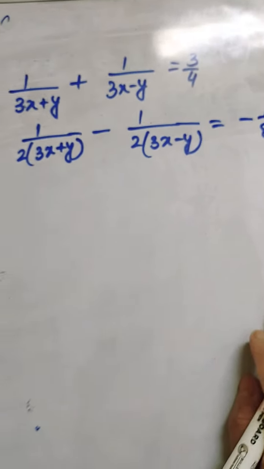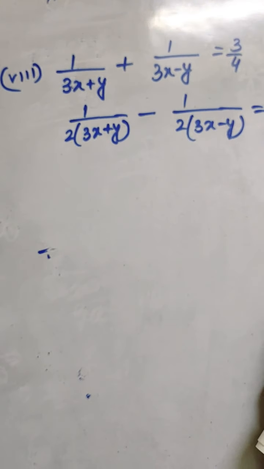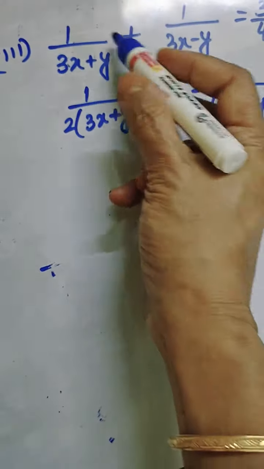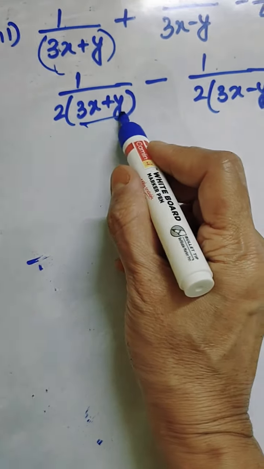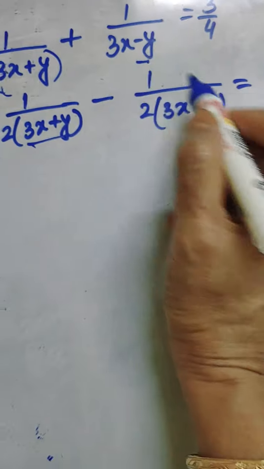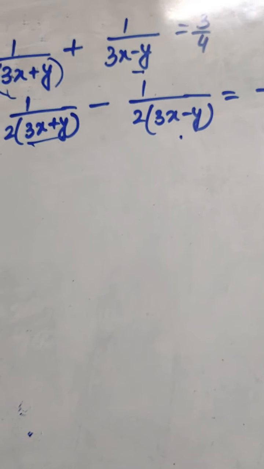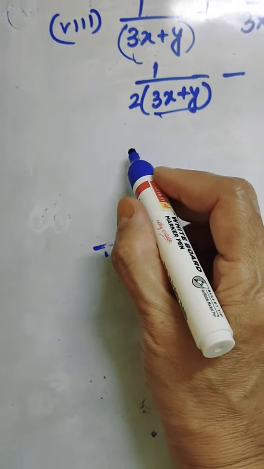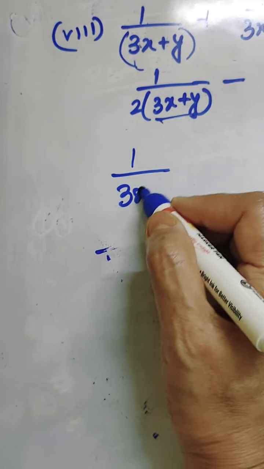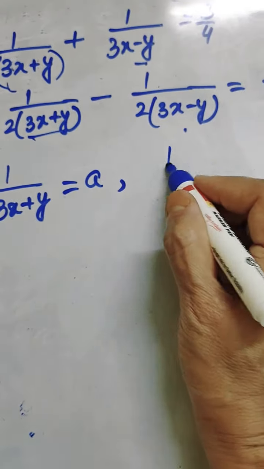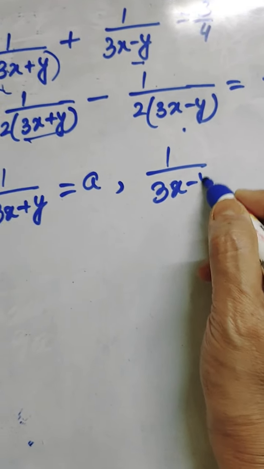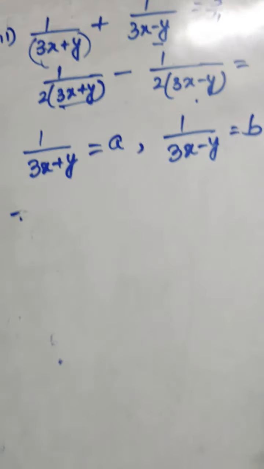So here what will be your substitution? Full thing we will take: 1 by 3x plus y here, 3x plus y here, 3x minus y here, 3x minus y here. So we will assume 1 by 3x plus y as a and 1 by 3x minus y as b.